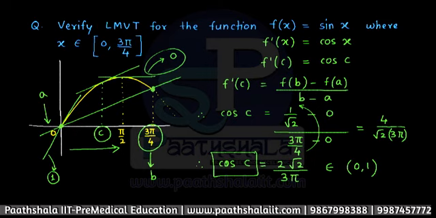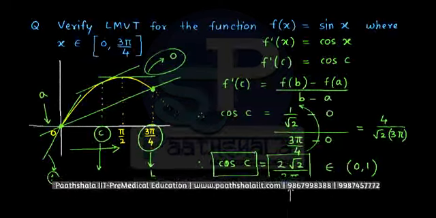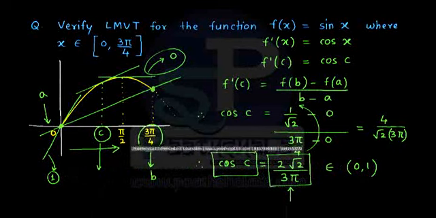So somewhere in between we must have the slope as 2 root 2 upon 3 pi, which is a number lying between 0 and 1. So clearly there exists some angle c whose cos will be equal to this number. Therefore we have proven that there exists a value c in the interval 0 to 3 pi by 4 which satisfies or verifies the LMVT for the given function.